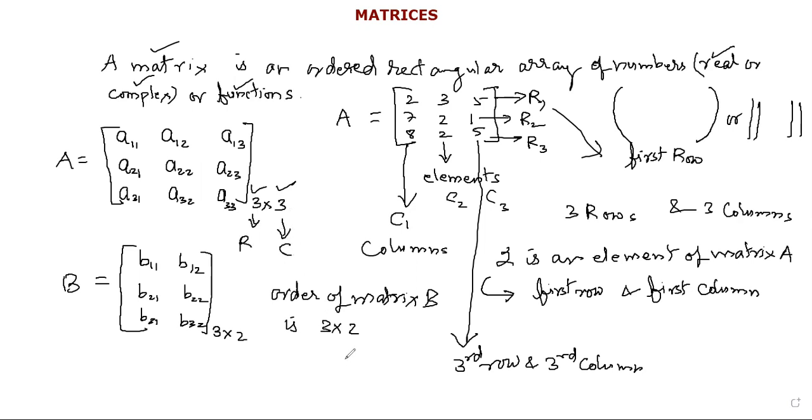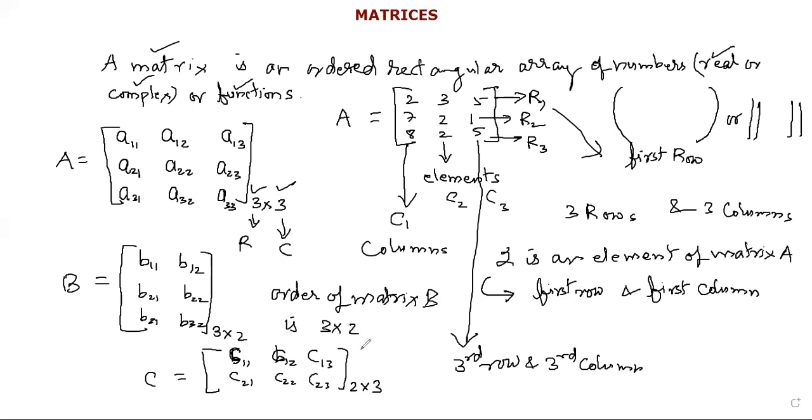We cannot write it the opposite way, because if you write 2 by 3, that means 2 rows and 3 columns. Then the elements become C11, C12, C13, and C21, C22, C23. A, B, C doesn't matter. So how many rows does it have? 2 rows and 3 columns, 2 by 3.